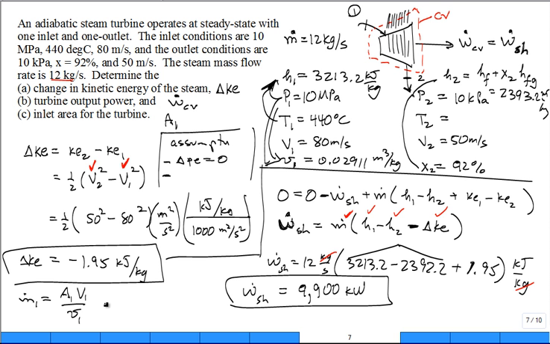I then can solve for the area of the inlet: mass flow rate times specific volume divided by the velocity, and I'm running out of room, and it's around 0.00437 meters squared.